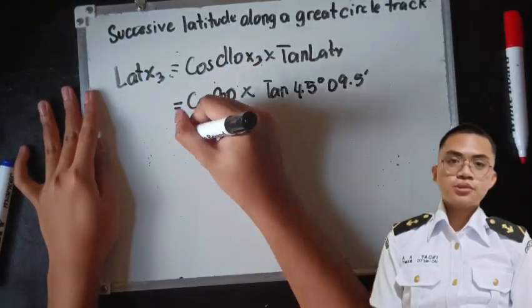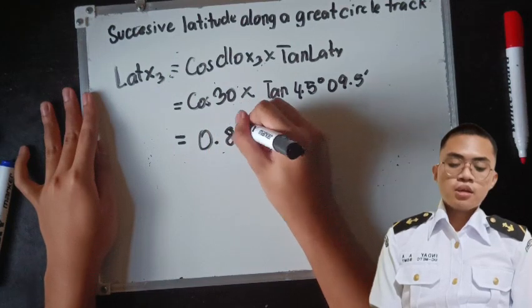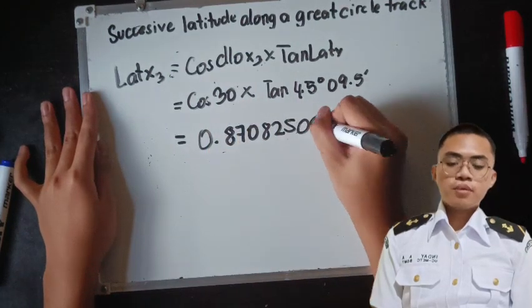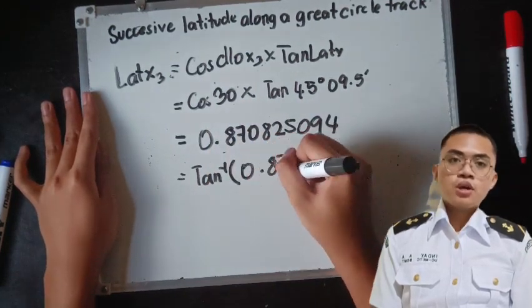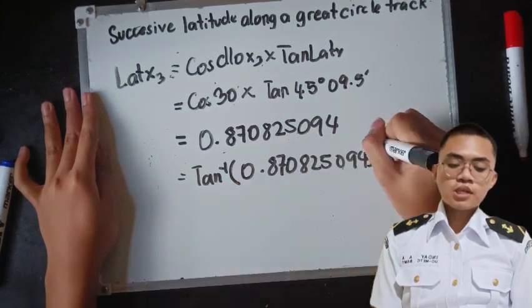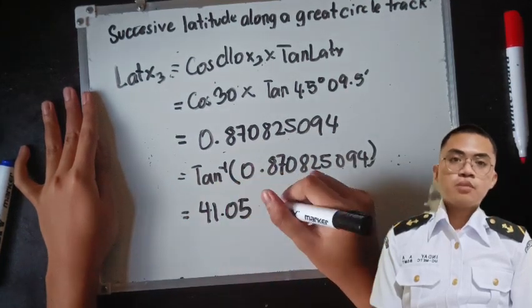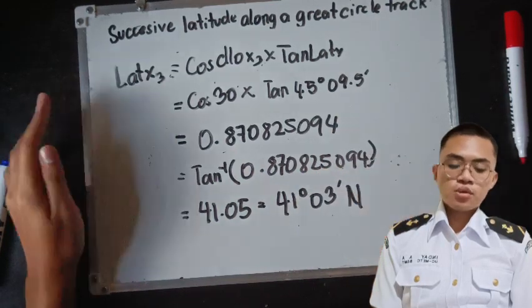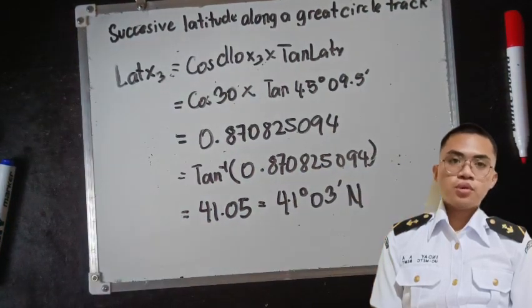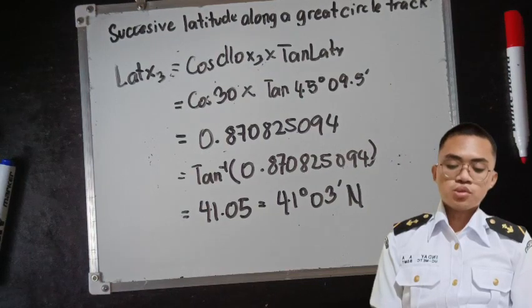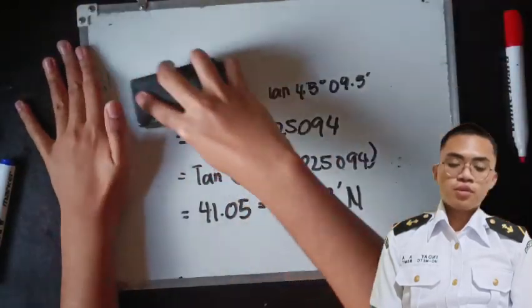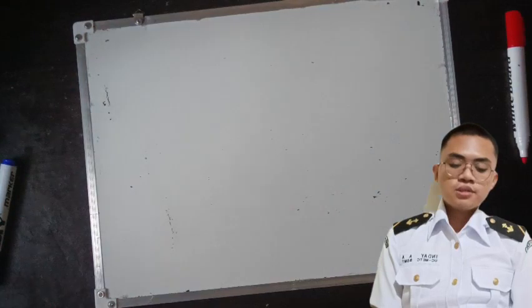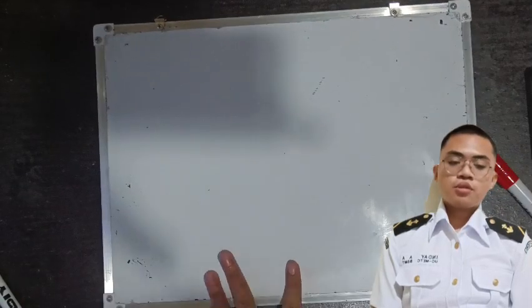And the last latitude is obtained by substituting 30 from the last dlo from earlier. Now we have cosine 30 times tangent 45 degrees 09.5 minutes, which is equal to 0.870825094, or equal to 41.05 or 41 degrees 03 minutes north.